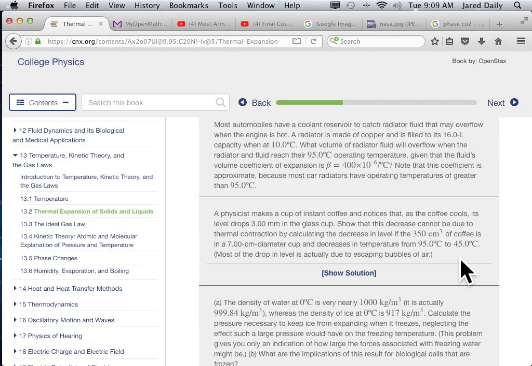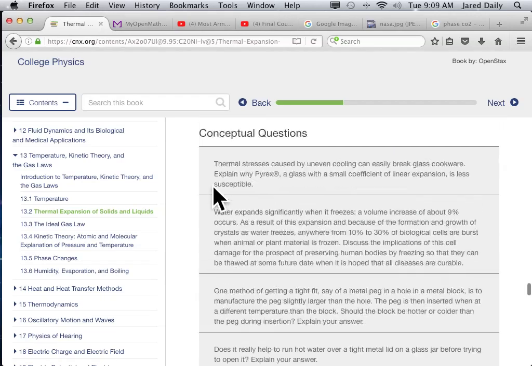What we're going to do is have a before and an after. We're going to use the expansion equation. The expansion equation says that delta V equals V initial times the volume expansion coefficient. I don't remember what they called it, but it's up here somewhere.